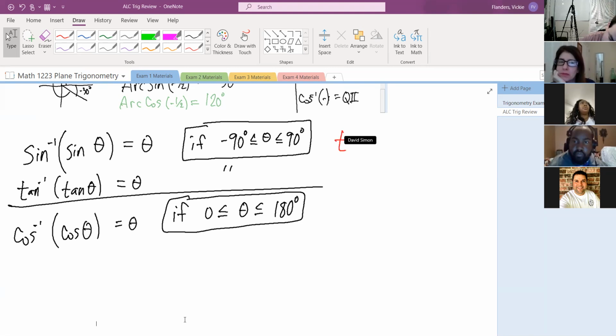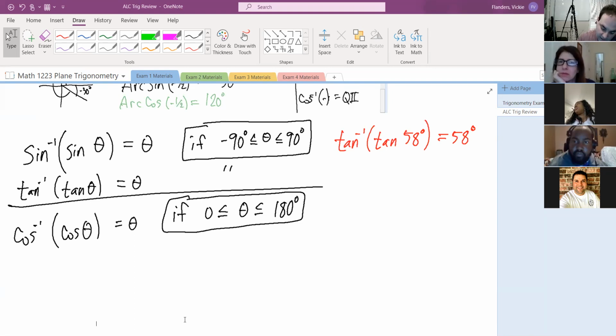So for example, if I do the inverse tangent of the tangent of 58 degrees, that's going to give me 58 degrees back again. You can check that in your calculator. Hit second tan, then hit tangent again, 58, close both of your parentheses, and you'll see that it gives you that value back again.